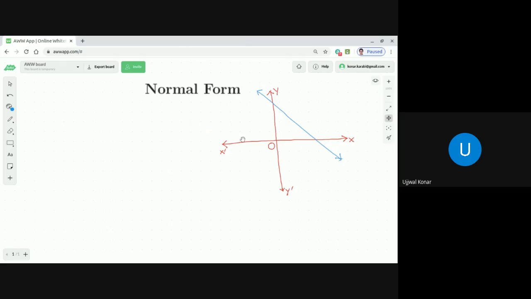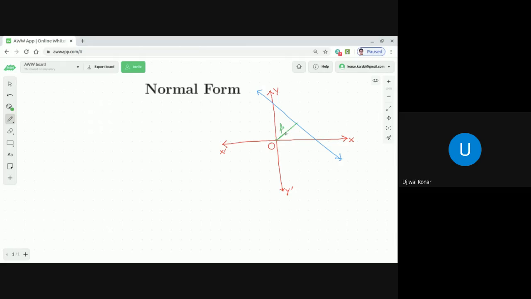That means if I draw a perpendicular from the origin to that straight line, the length of this perpendicular is denoted by p. That is the first information given to you. The second information is that this perpendicular makes an angle alpha with the positive direction of the x-axis.